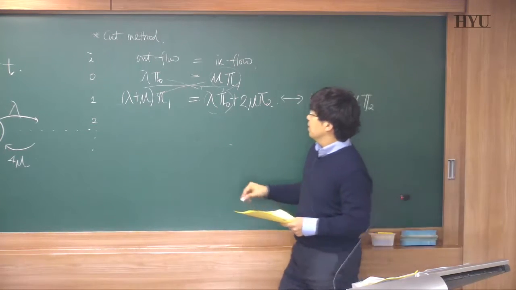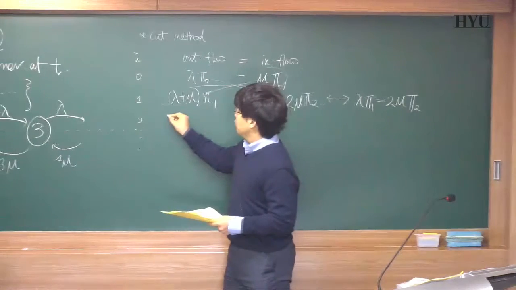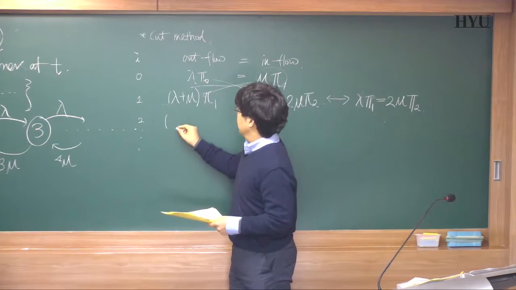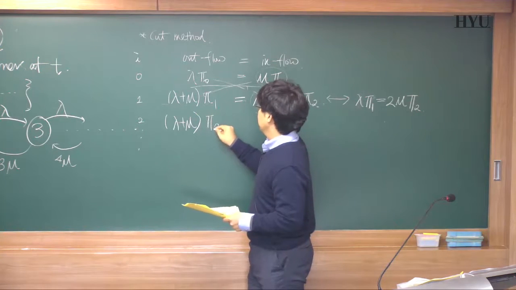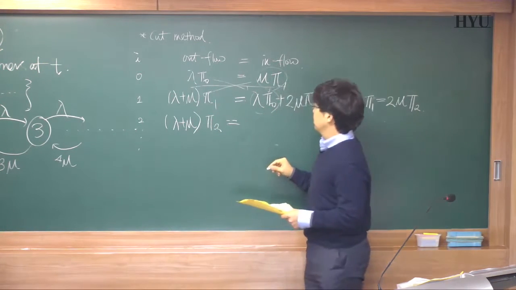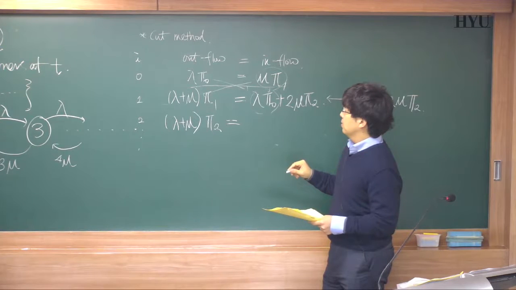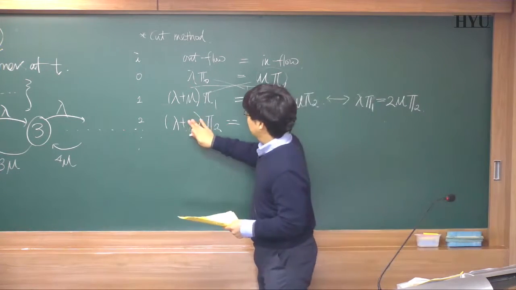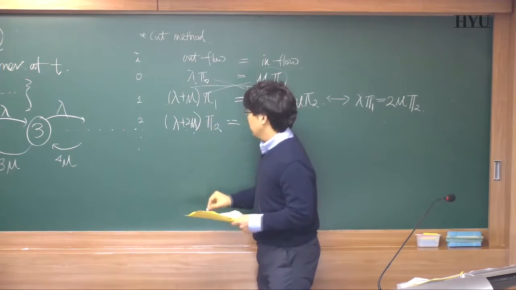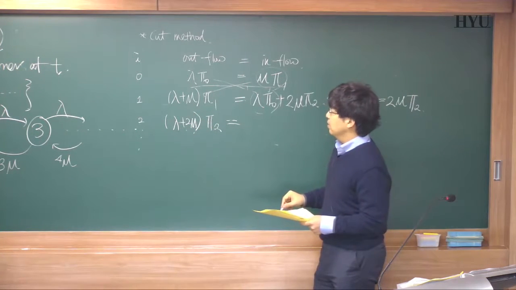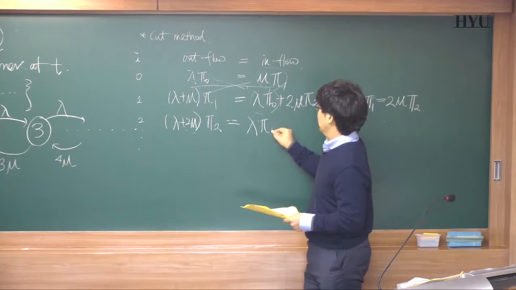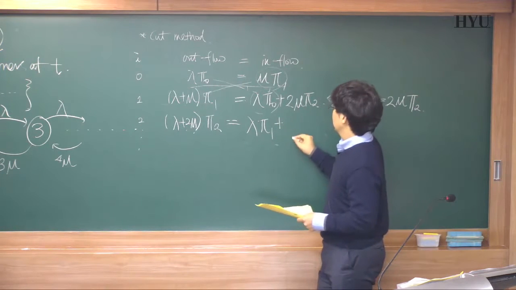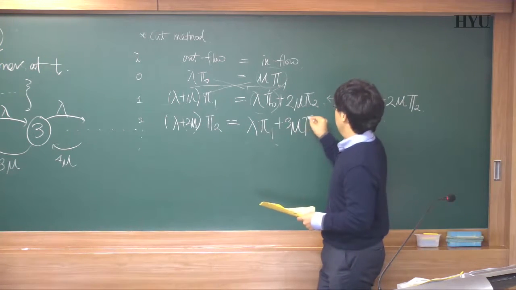And for node 2, lambda plus 2 mu times pi 2 equals lambda times pi 1 plus 3 mu pi 3.